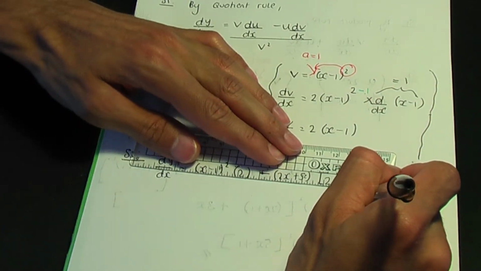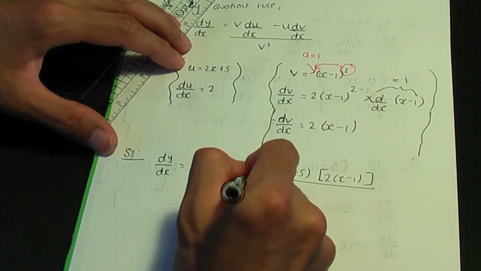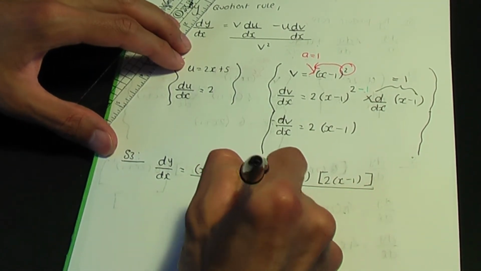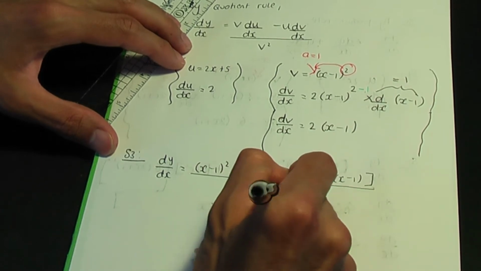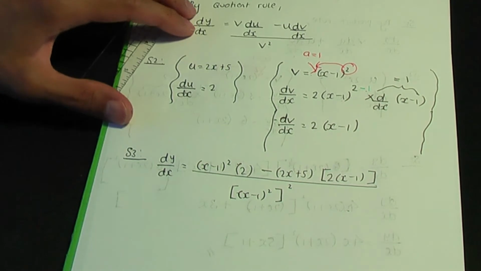So all of this divided by v, which is x minus 1 squared, so x minus 1 squared, with another squared, don't forget. Okay?